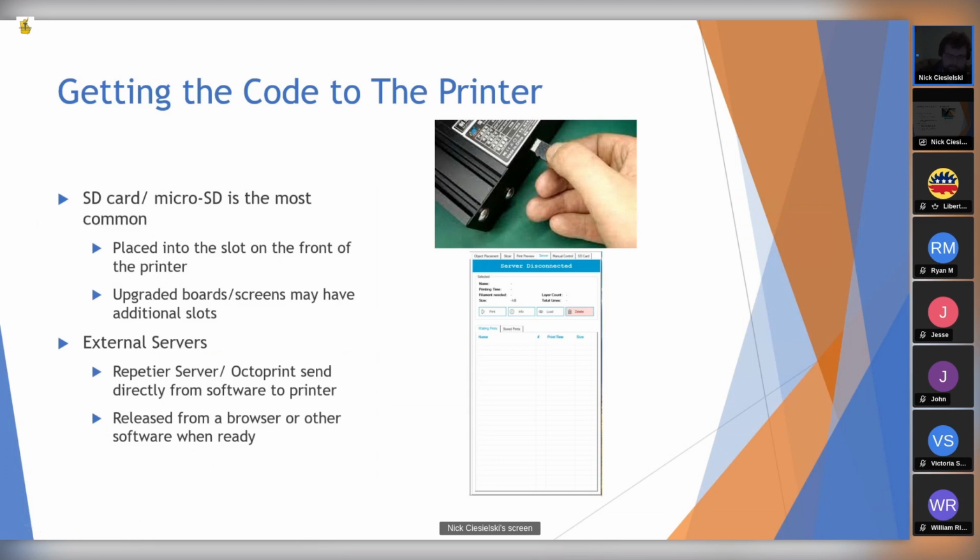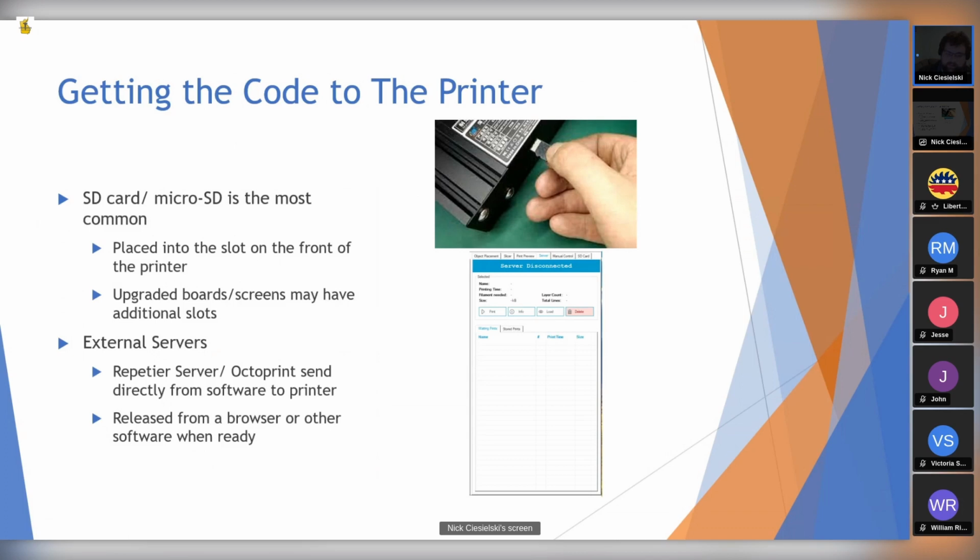Some upgraded boards or screens, like I have an upgraded screen that has an SD card slot and a USB slot on the back of the screen. So those are usable places that I can plug into, and I'll be able to then pull up the program on the printer.